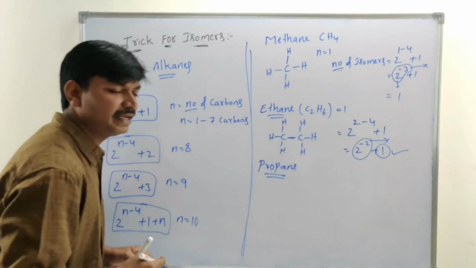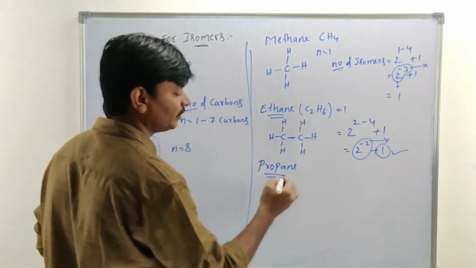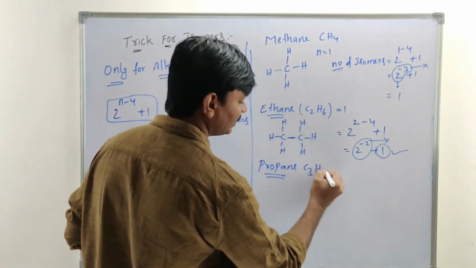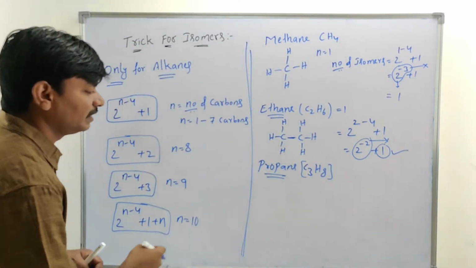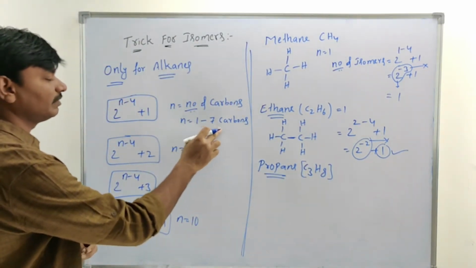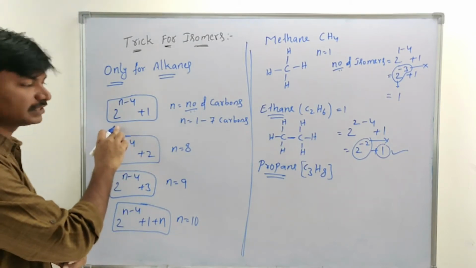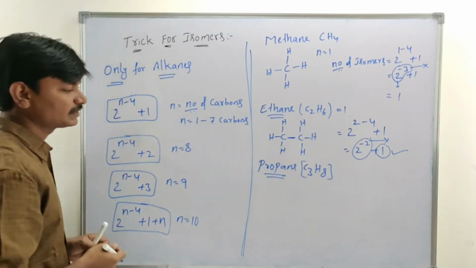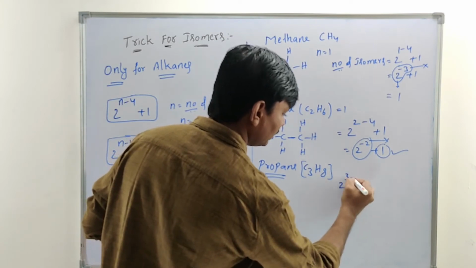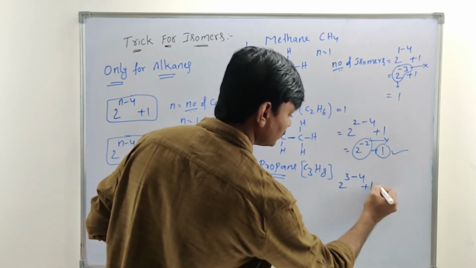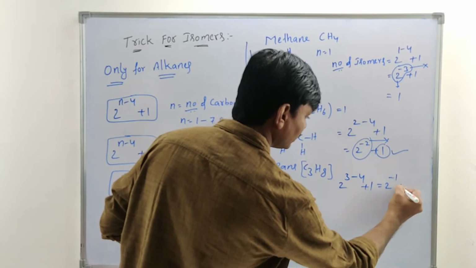Next, propane. Propane contains 3 carbon atoms and its general formula is C3H8. Here there are 3 carbon atoms, in the range 1 to 7 carbons. The number of isomers formula will be 2 power of n minus 4 plus 1, that is 2 power of 3 minus 4 plus 1, equal to 2 power of minus 1 plus 1.